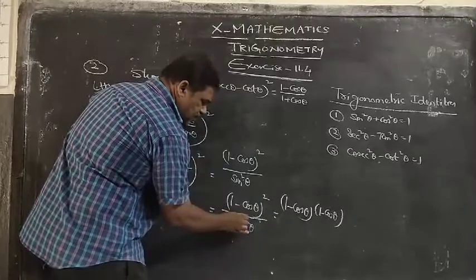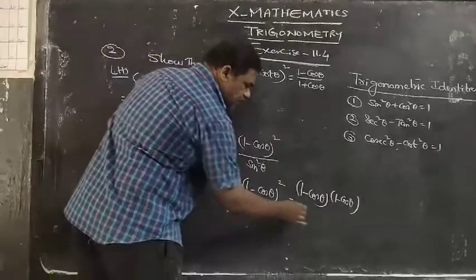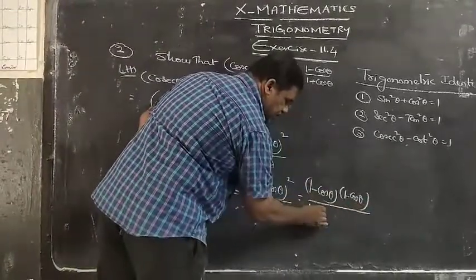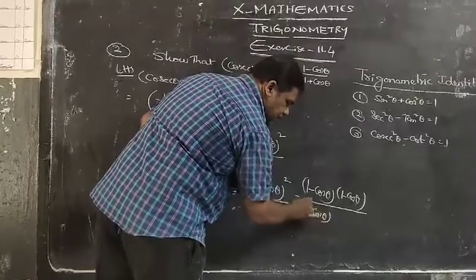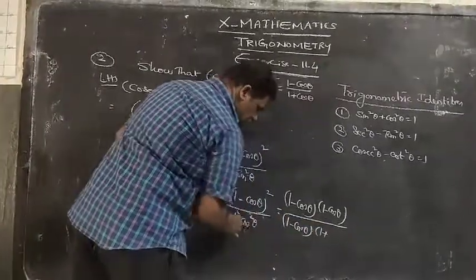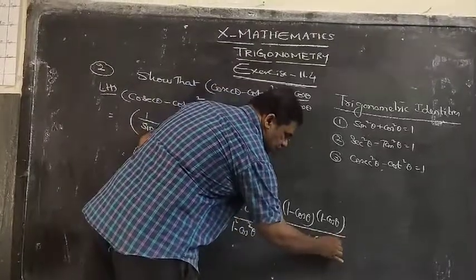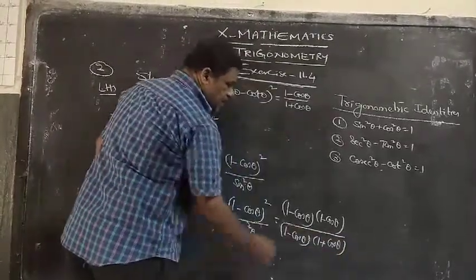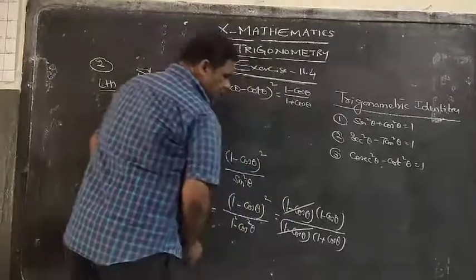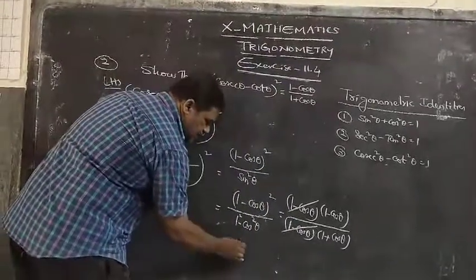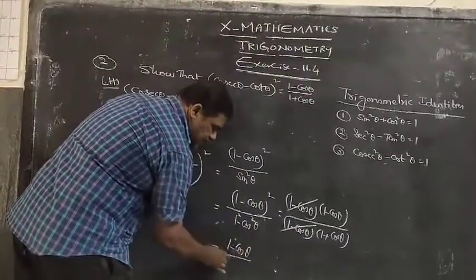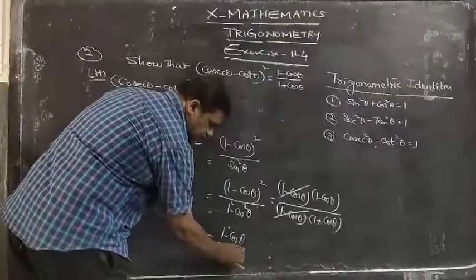Now this is in the form of a square minus b square. A square minus b square can be written as a minus b into a plus b. So 1 minus cos square theta can be written as 1 minus cos theta into 1 plus cos theta. Now this 1 minus cos theta you can cancel. Now the answer is 1 minus cos theta by 1 plus cos theta.